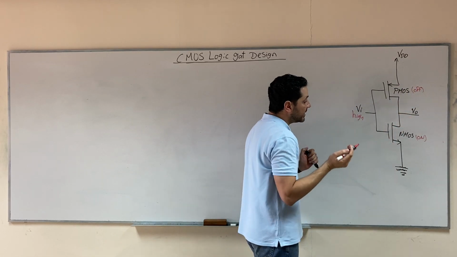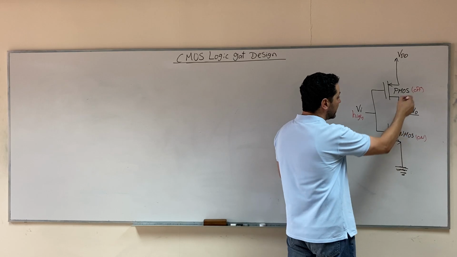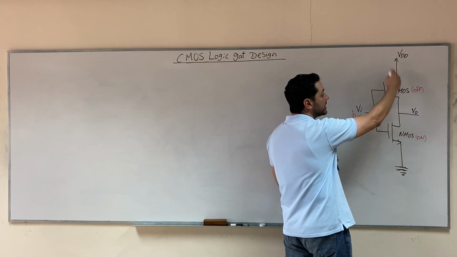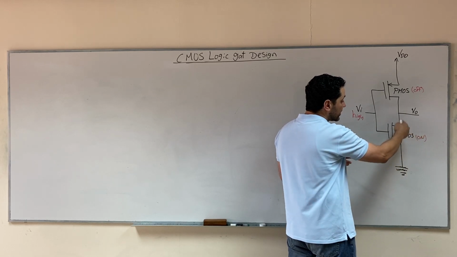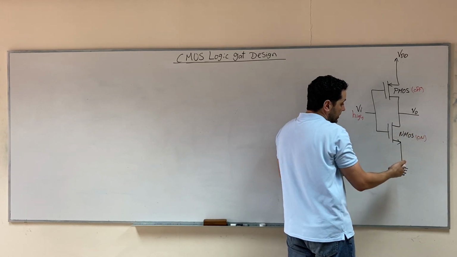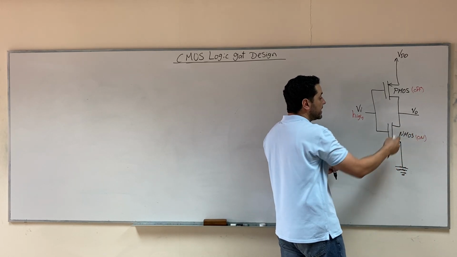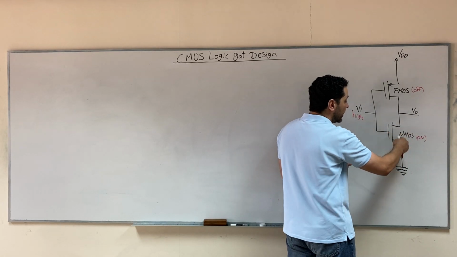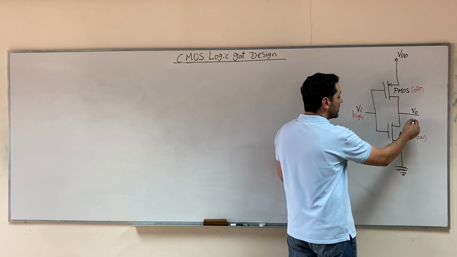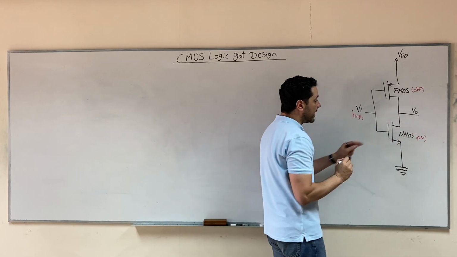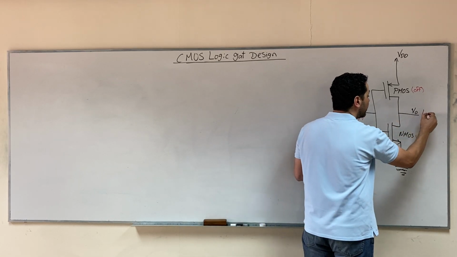In this case, the PMOS off works like an open circuit, and the NMOS on works like a resistance, or like a short circuit for simplicity, which means that the output is connected towards the ground. So the output will be low.